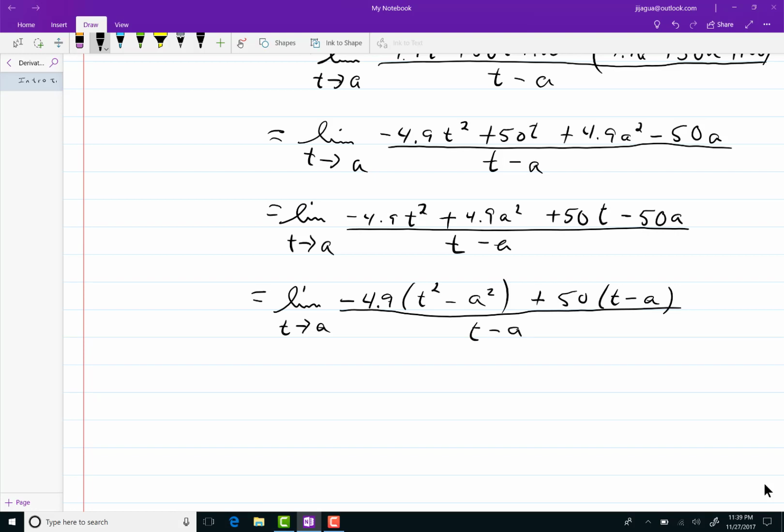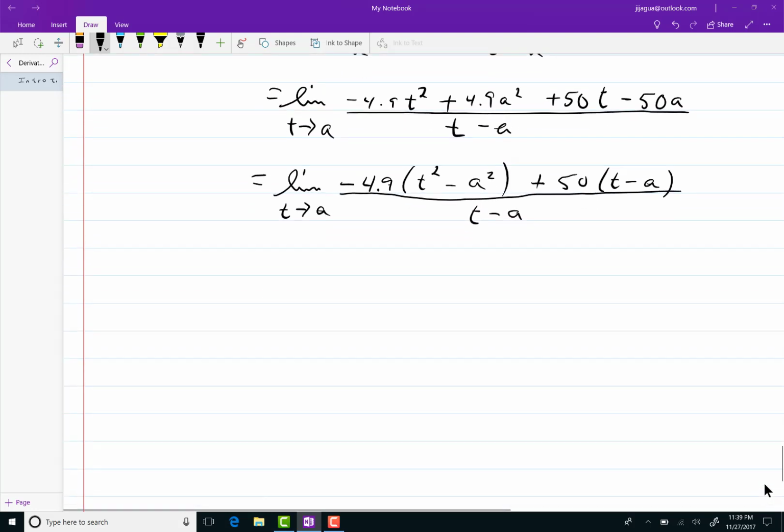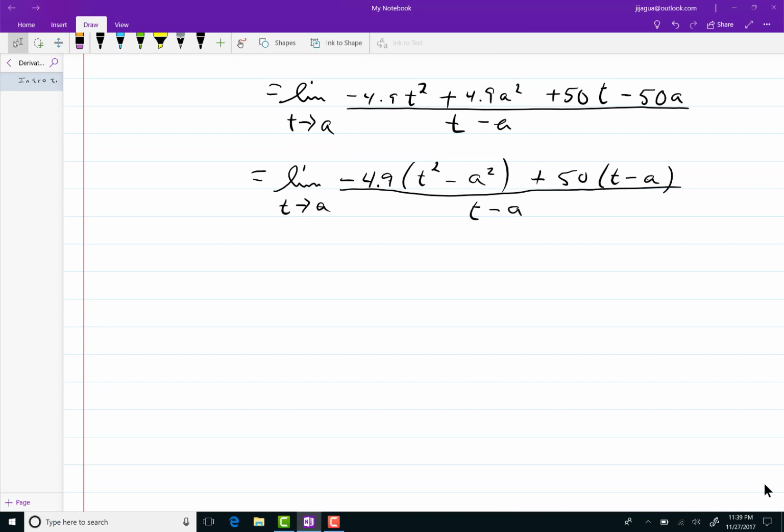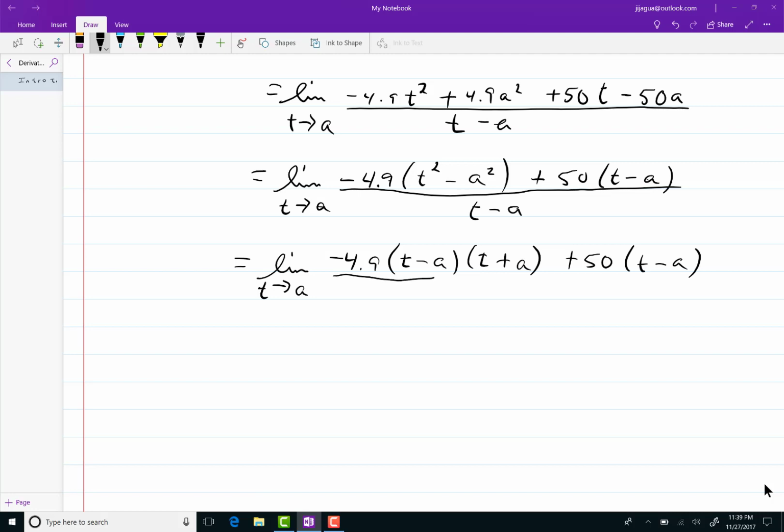Now, in that t squared minus a squared, you should notice that it factors because of the difference of squares. So I have negative 4.9 times t minus a times t plus a, and then plus 50 times t minus a. All of that is over t minus a.